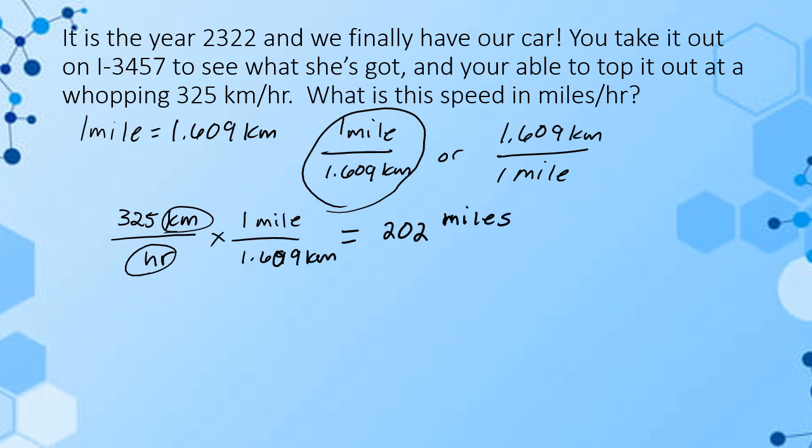But remember, we have our miles still. The kilometers are canceled out, and we have our miles. But if you'll notice, we didn't cancel out our hours, so we also have our hours in that denominator, just like we need miles per hour. So 325 kilometers per hour means that our sports car tops out at around 202 miles per hour.